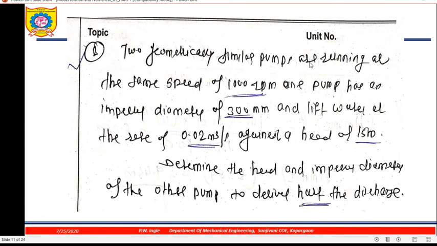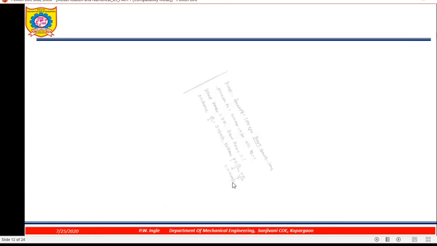Two geometrically similar pumps are running at the same speed of 1000 RPM. One pump has an impeller diameter of 300 mm and lifts the water at the rate of 0.02 meter cube per second against the head of 15 meter. Calculate head and impeller diameter of other pump to deliver half the discharge.